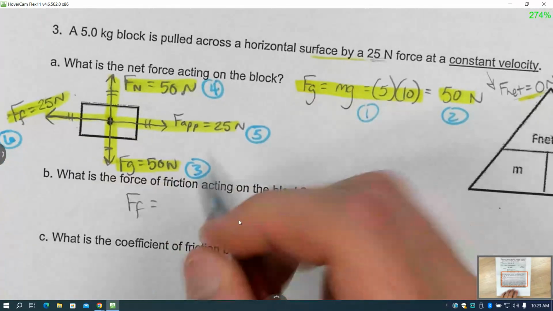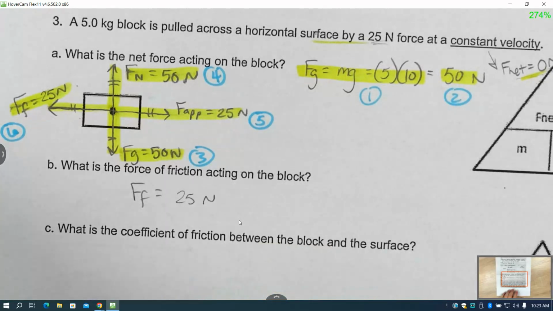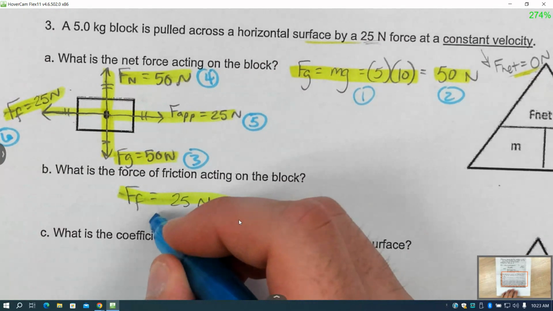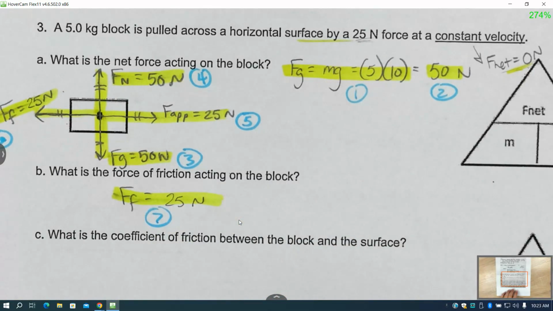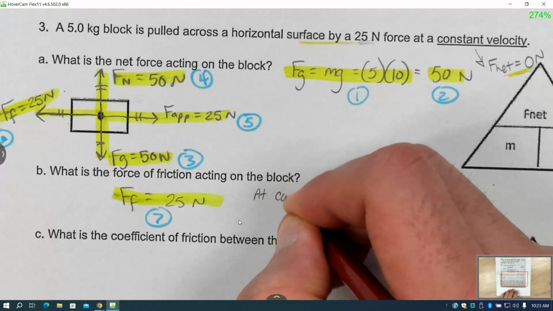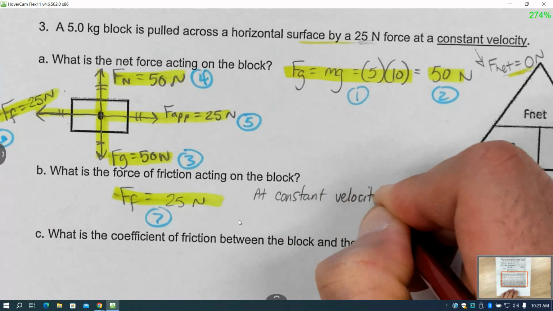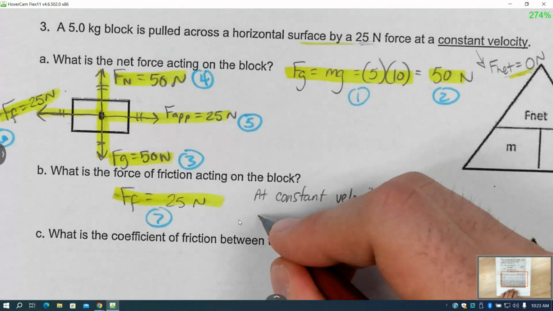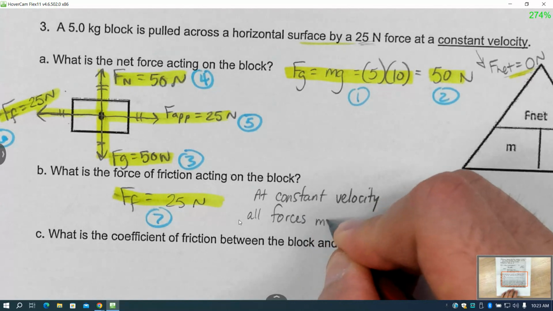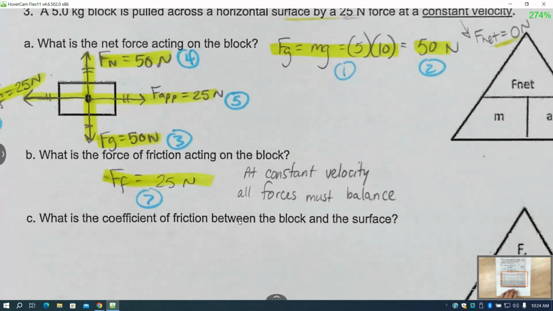We just rewrite that as 25 newtons. Okay, for our 7th point. Why is that? Because, again, at constant velocity, all forces must balance. So we didn't actually need to do any math for that one.